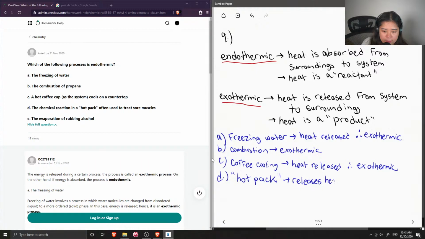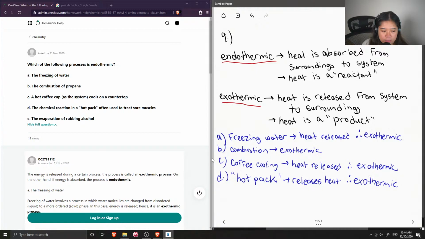It's pretty much a hot pack that you put on your muscles to relieve the pain. And since it's hot, it gives off this heat onto your muscle pain, and that's how it is used to treat the sore muscles. So since this releases heat, again, we have another exothermic reaction.